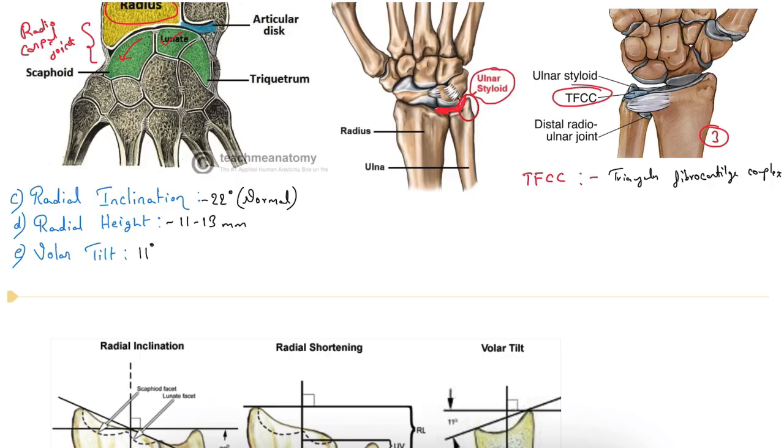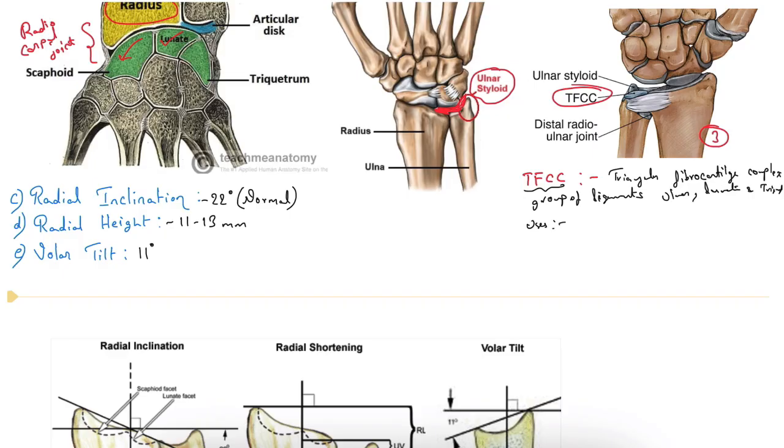What is this? This is one type of cartilage. Why? Because we call this a group of ligaments. This group of ligaments and cartilage is located between the ulna, lunate and triquetrum bones of the wrist. So what does it do?